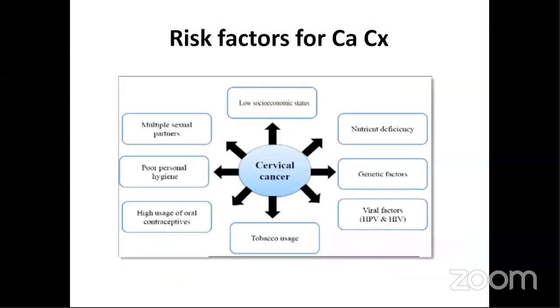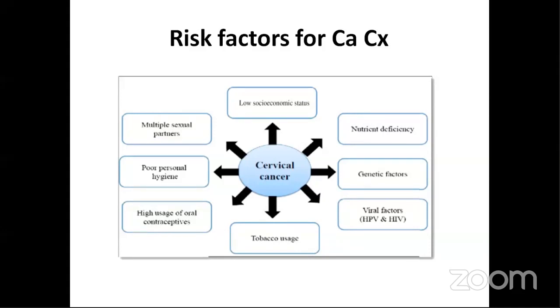So what are these risk factors? One thing is the low socioeconomic status, which is associated with less hygiene or lower education status, and then early age of coitus, early age of marriage, and then multiple sexual partners, high risk behavior in the women, and also men who are at risk, like those who have penile cancer or those whose first wife has died because of CA cervix.